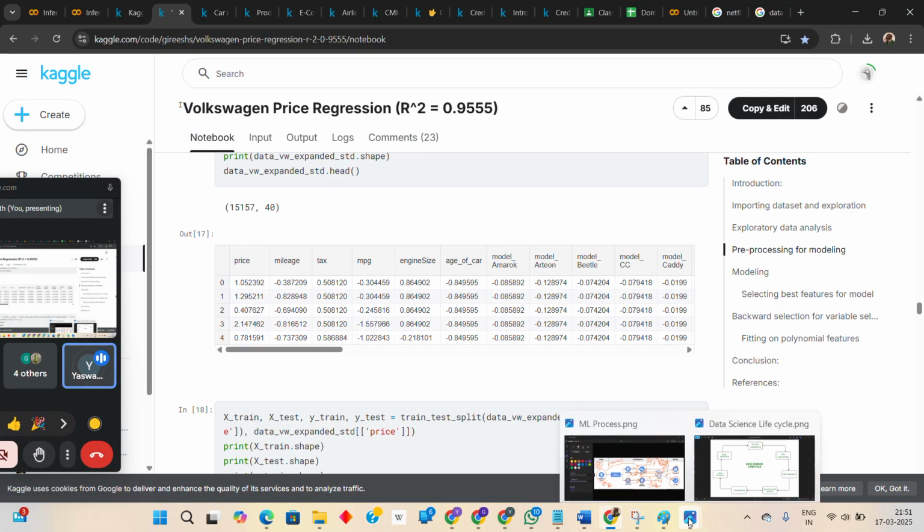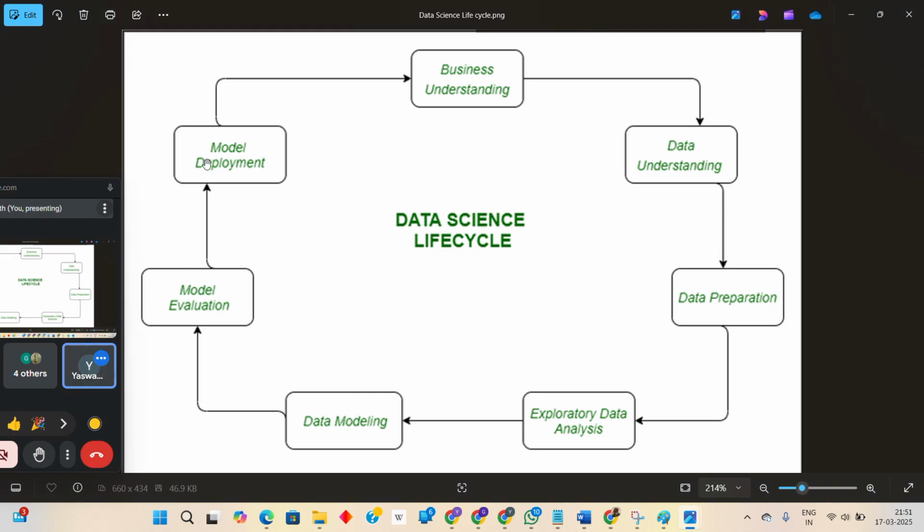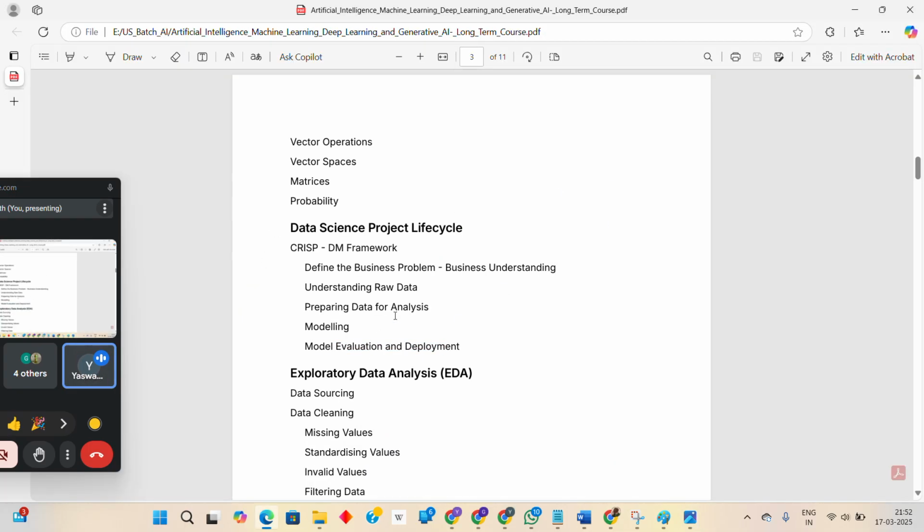This is not end to end because model deployment is missing. Up to here, it is good. This project goes up to model evaluation, whatever I just marked. Model deployment is not actually in the course, but anyway, if time permits, I will show you a simple example of model deployment, not using MLOps and all, because we don't have cloud access.